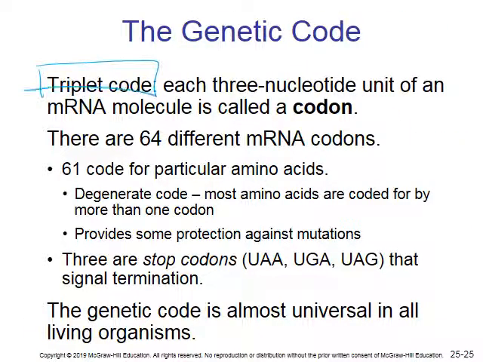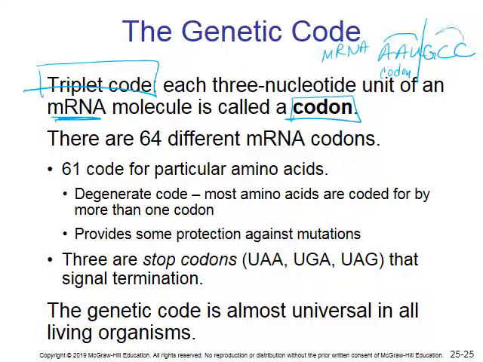So the triplet code on the messenger RNA is called a codon. So here's my messenger RNA. Let's say I have A, U, G, C, C. Every 3 letters would be called a codon. There are 64 different messenger RNA codons. There are stop codons.